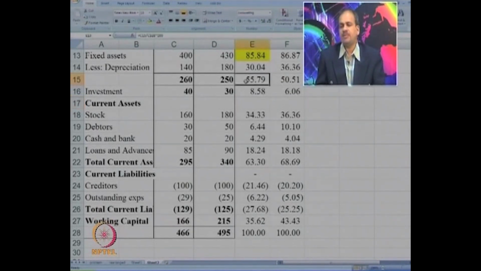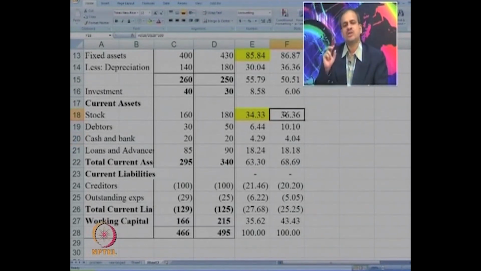Even if you look at WDV, it is still contributing 55%. The next very big amount consists of stock, which is 34%, which has now increased to 36%. So, what it shows is probably the company is a manufacturing or a trading concern, maintaining a large quantity of stock.